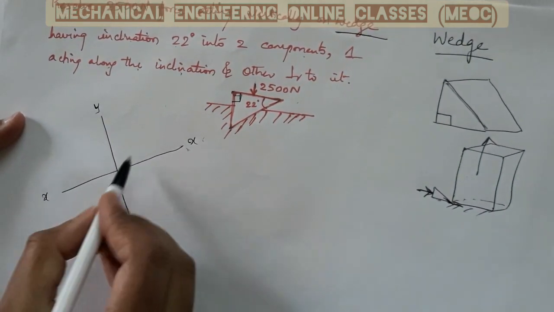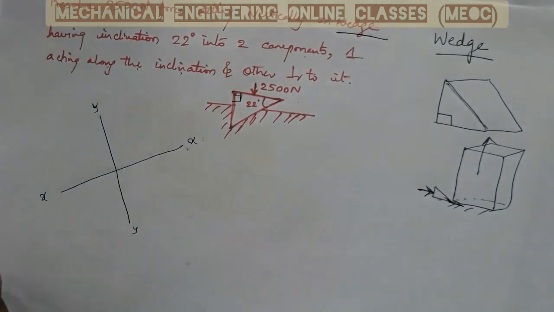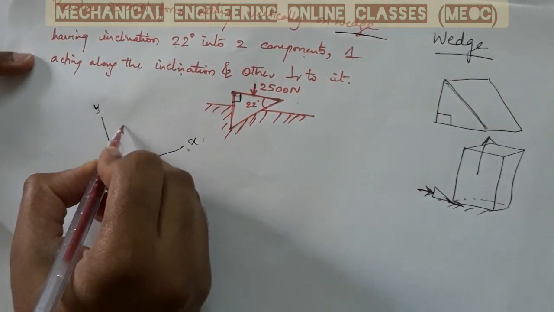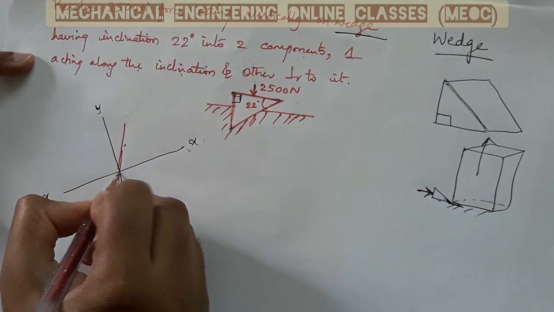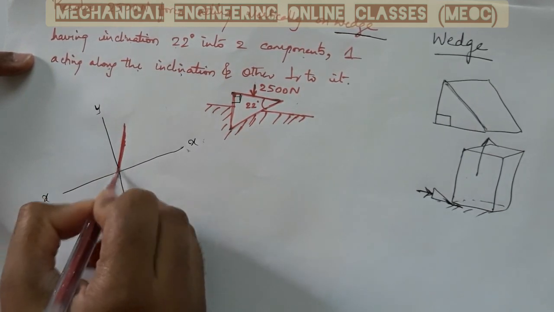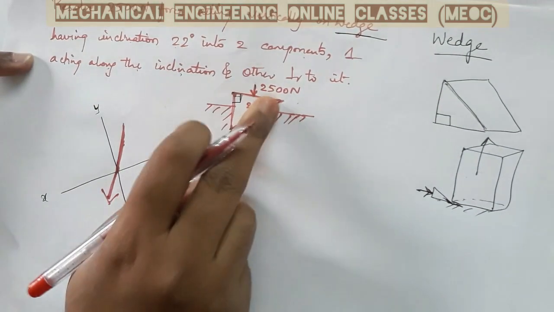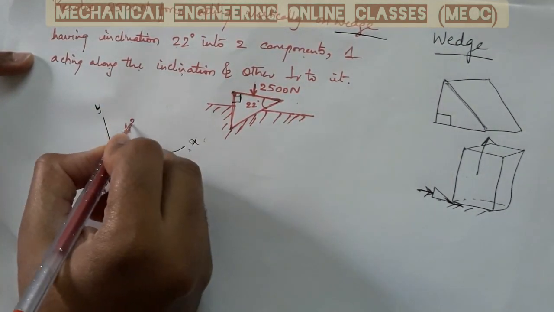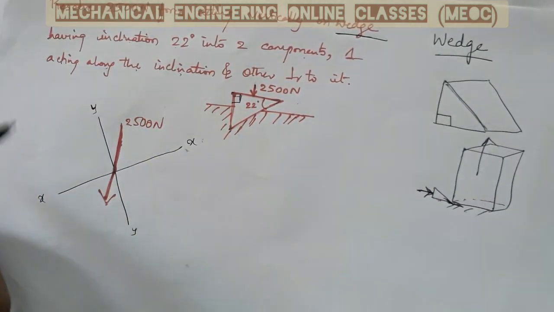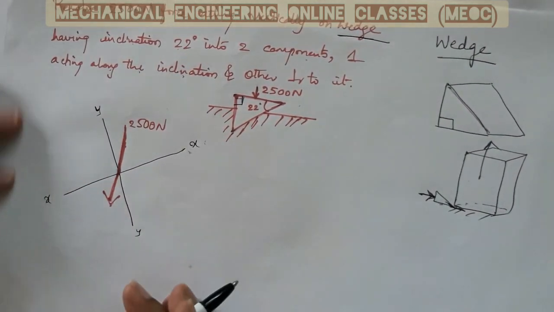If we see here, the force that is acting on the wedge is this one. It is a vertical force acting on the wedge, a vertically downward force of 2500 Newton, and this is the x and y axis.